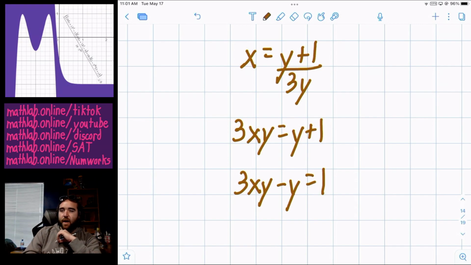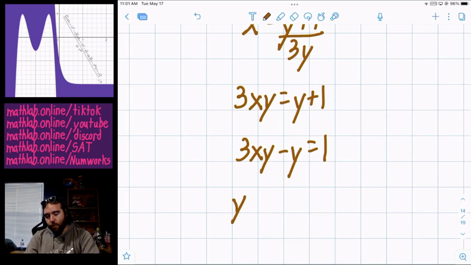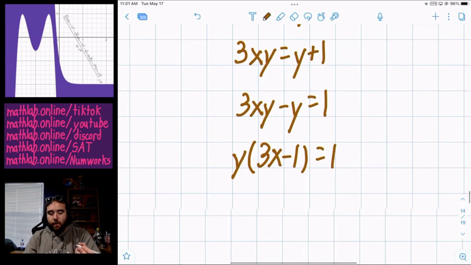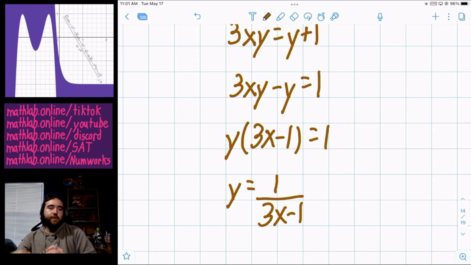Because then once we have that, we can factor out the y. So we have y times 3x minus 1 equals 1. Because now, since we just have y times that, we can just divide by that. So 1 over 3x minus 1. That's going to be our inverse function.